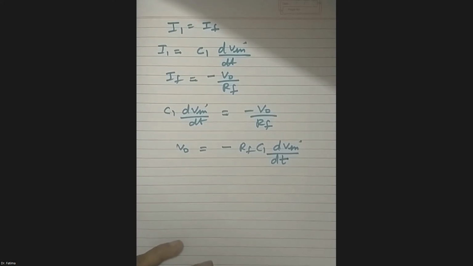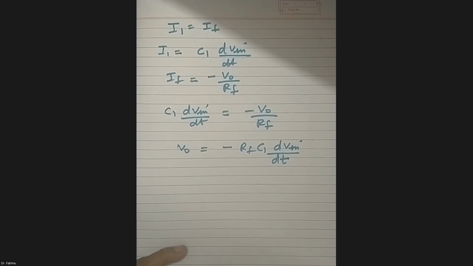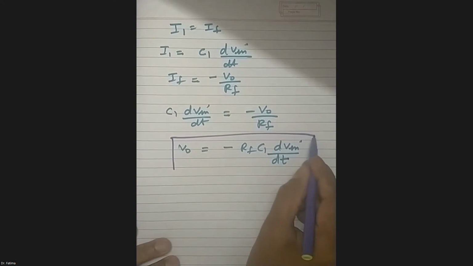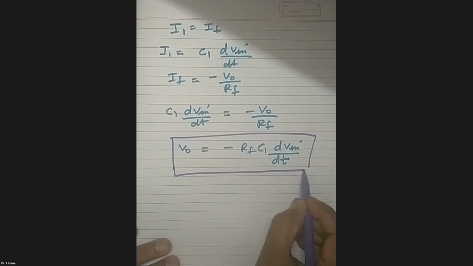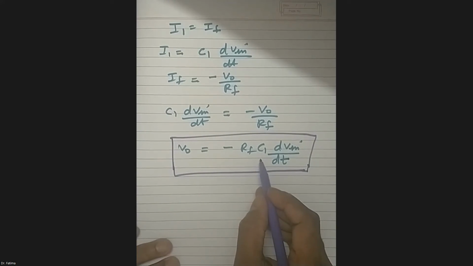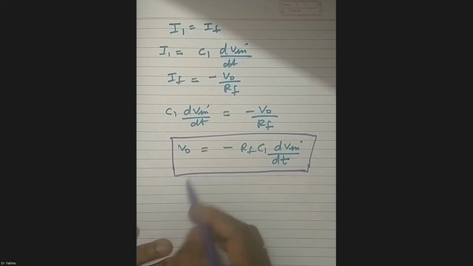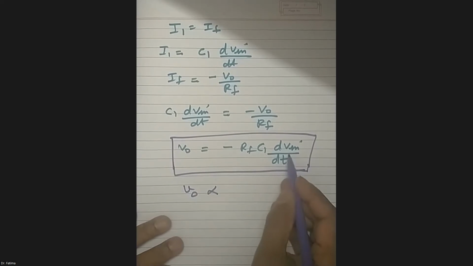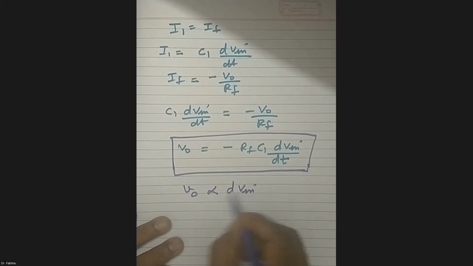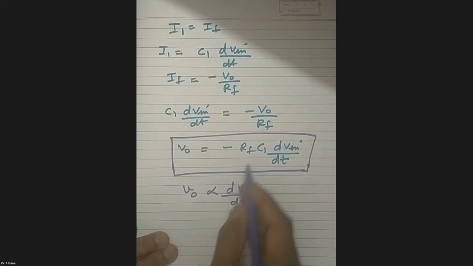This is the output voltage of the differentiator. So the output voltage is proportional to the differentiation of the input voltage with respect to time. The differentiator circuit differentiates the input voltage, and RF C1 is the proportionality constant.